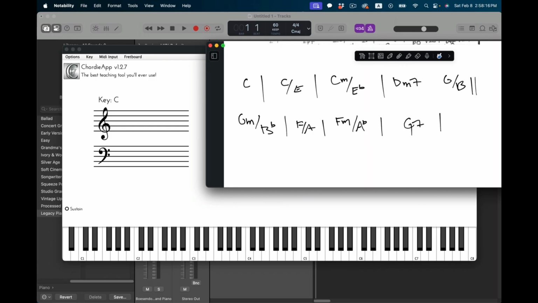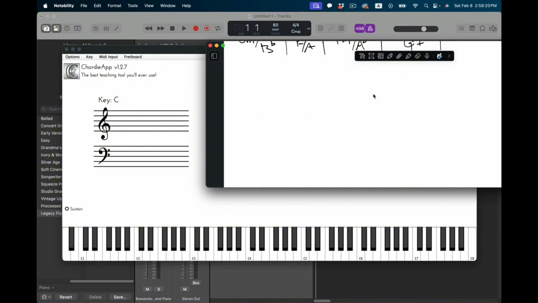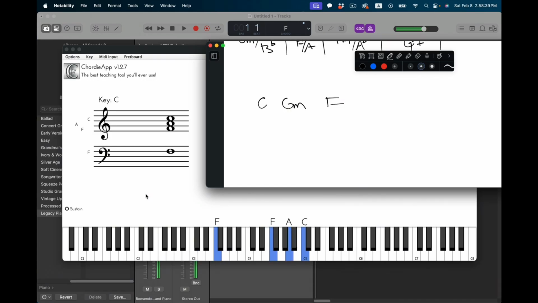In jazz, you can just jump. So you could just do something like C. Like, that's a jump.